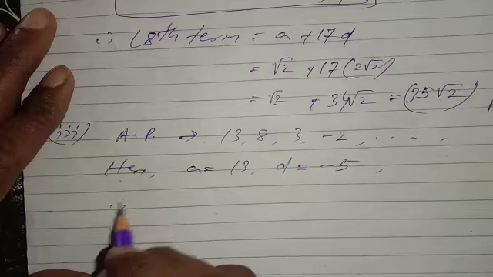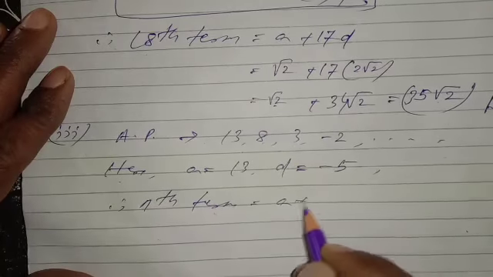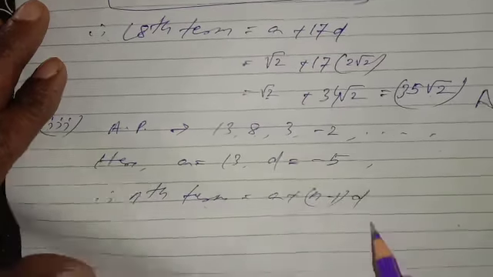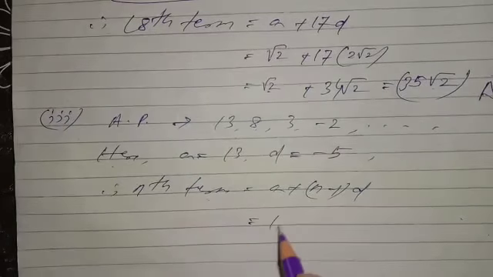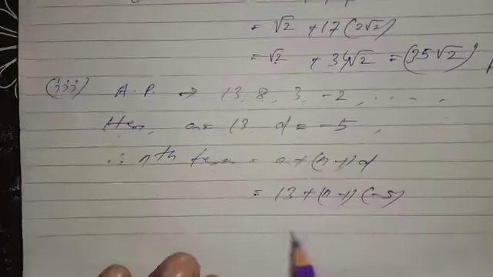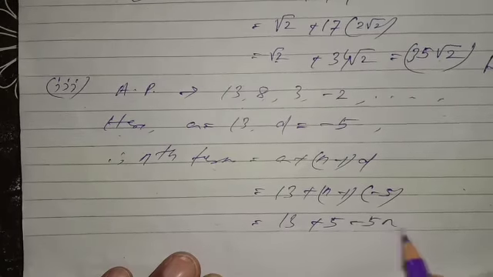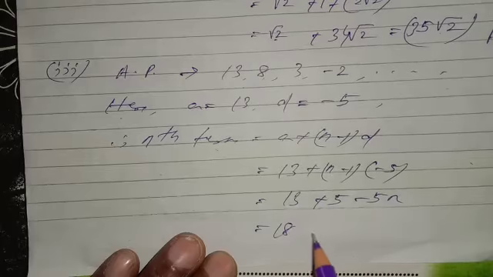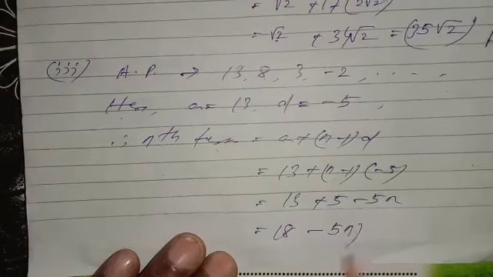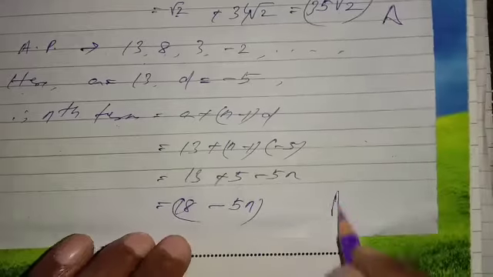Directly apply the nth term formula, a plus (n minus 1) d. A means here 13 plus (n minus 1), d means here minus 5. Now open the bracket, this will be 13, this will be plus 5 minus 5n. 13 plus 5 is 18 minus 5n. So what is the nth term? The nth term is 18 minus 5n.